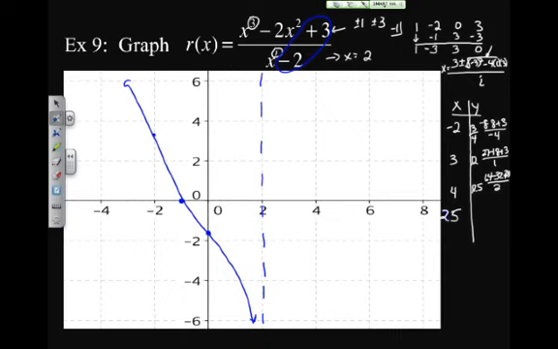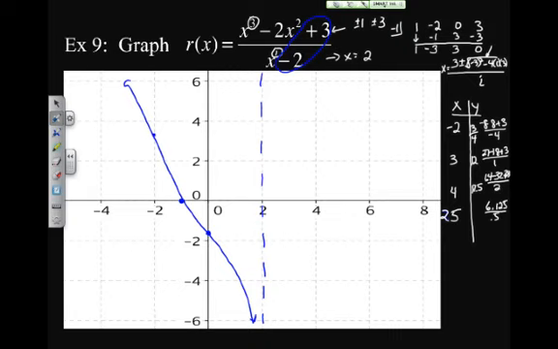So we need 2.5 cubed minus 2 times 2.5 squared plus 3. So that gives us 6.125 on the top. And on the bottom, we're going to have 0.5. And that gives us 12.5.